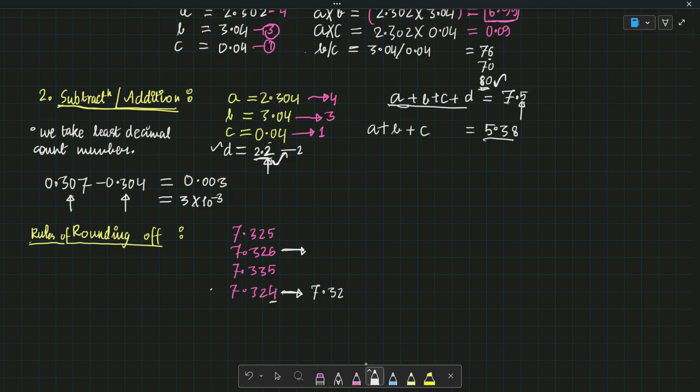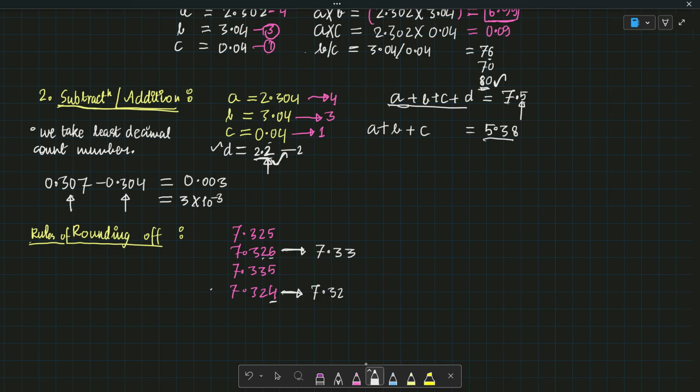In this case we want to round off, so we'll take 7.3 and 2, and if the digit after it is 6, then we'll raise 2 by 1 unit, so this will become 7.33 and we'll drop 6. So there is no doubt about that. We already know by intuition that it is true.